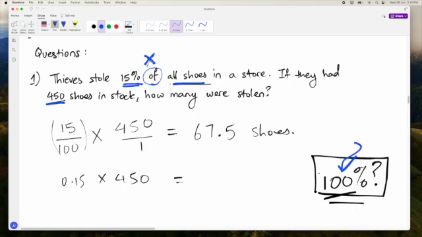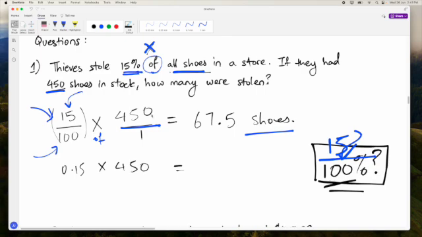And we have 15%, so 15 out of the 100. So that is 15 out of 100 multiplied by the total amount of shoes, 450. And so we can see they went with 67.5 shoes.